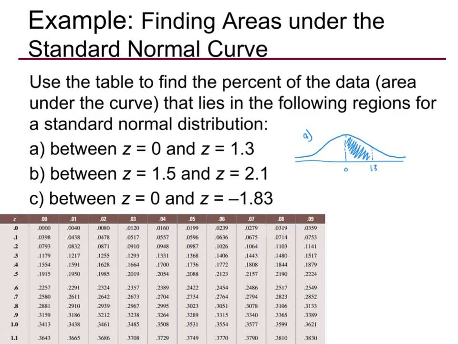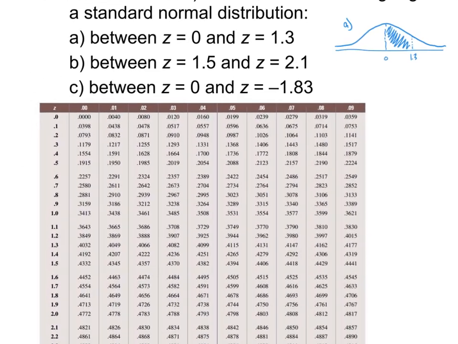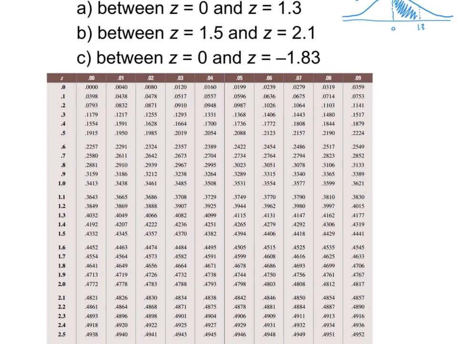So I'm going to go down to my table, which gives me the area between a mean of 0 and a Z-score. But I need to find 1.3 first. So I go down the left-hand column: 0.1, 0.2, 0.3, 0.4, 0.5, 1.0, 1.1, 1.2, 1.3 is right there. And since I don't have anything after the 3 in my Z-score, I'm going to assume that is 1.30.